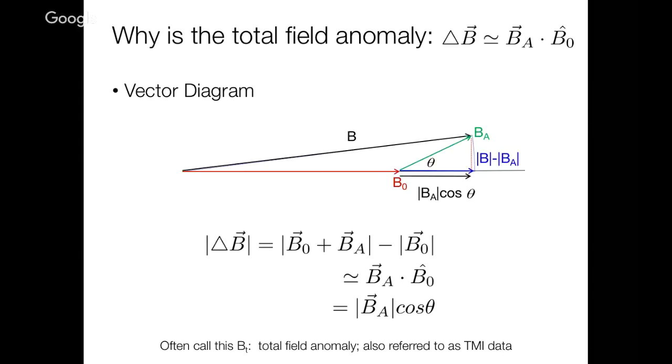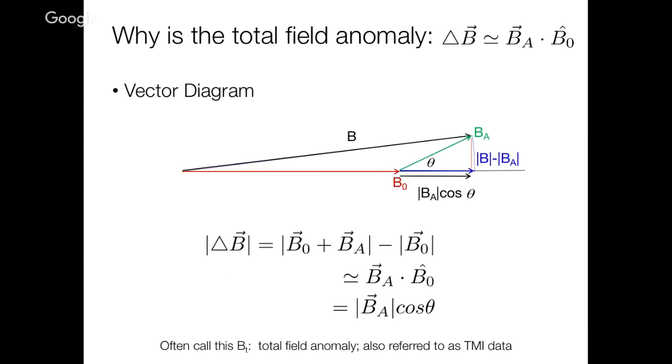So here's how you kind of think about that. Imagine that B naught is like this, and then BA was just this little guy here. In reality, B naught is like 50,000 nanoteslas, and an anomalous field of 1,000 nanoteslas is actually pretty big. So even at this scale here, it's not really quite the scale. But if we measure the sum of those two guys, then here is B. Now I think about taking this B and bringing it back here, keeping the same amplitude.